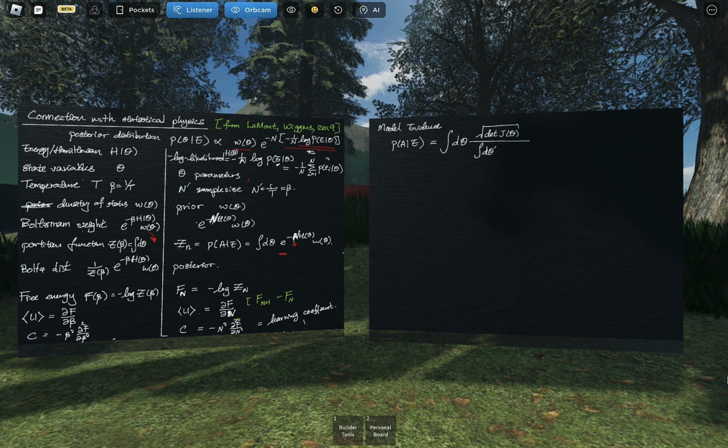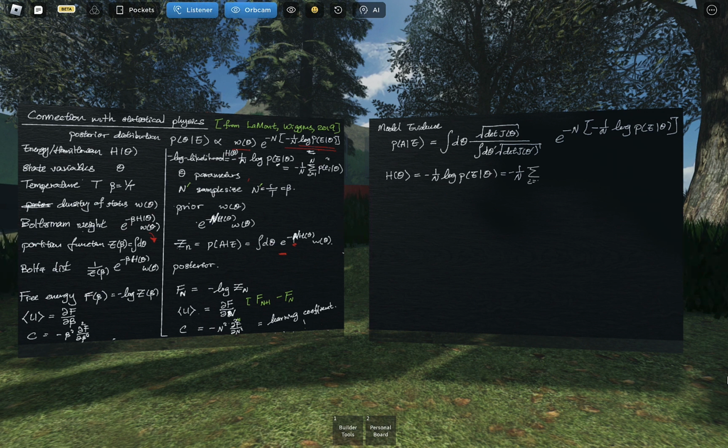There's this prior term, e to the negative n, and rewriting everything using the physics analogy, the Hamiltonian is equal to -1 on n log of the average log likelihood.